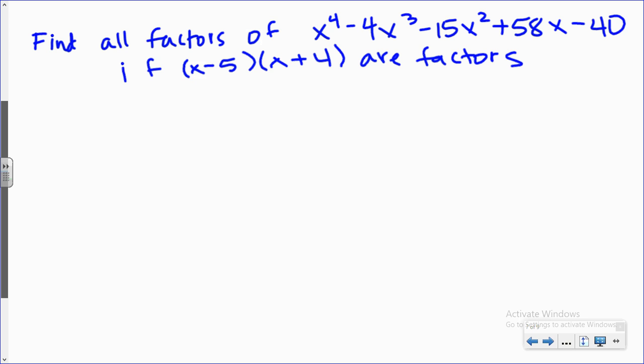Here I'm giving you a 4th degree function, and I'm telling you x minus 5 and x plus 4 are factors, but I want all of the linear factors.